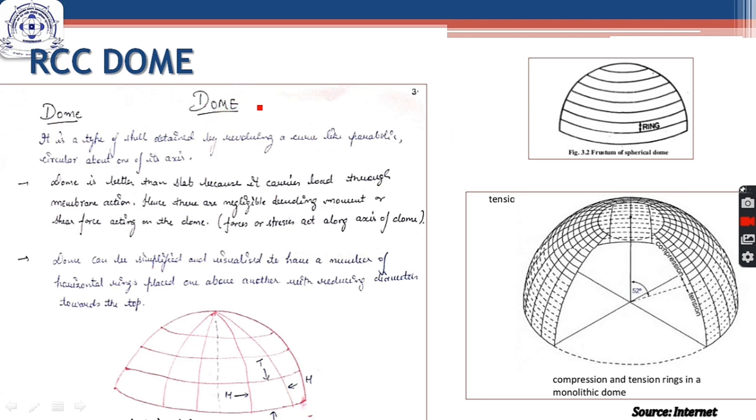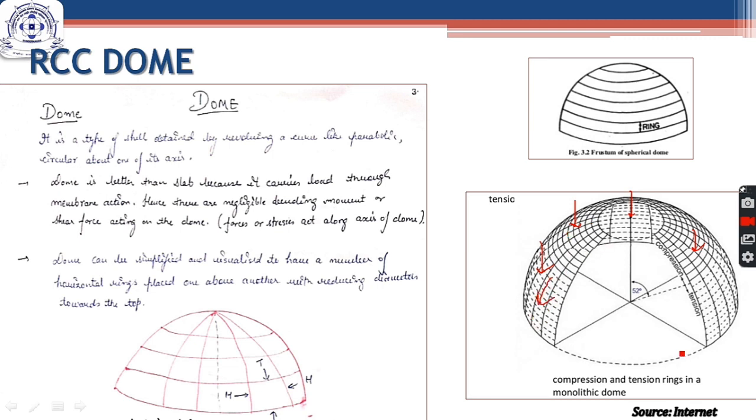So the advantage of a dome is that it carries load through membrane action, and there are negligible bending moments or shear forces acting on the dome. Obviously, the dome will be acted upon by vertical loads, that is the live load and dead load coming on its top, and these loads are transferred along its membrane.